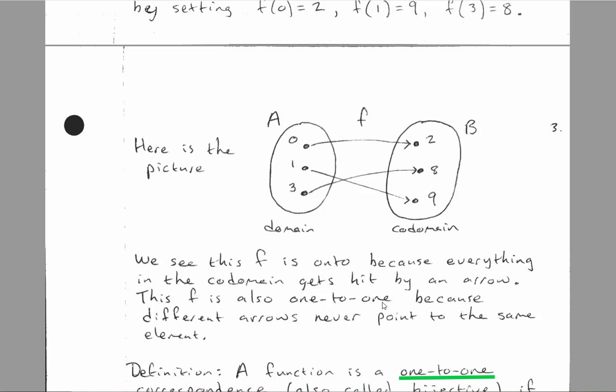Is this f one-to-one? Do different elements of the domain get sent to different elements in the codomain? Yes, these 3 are all getting sent to 3 different places. So this f is one-to-one.